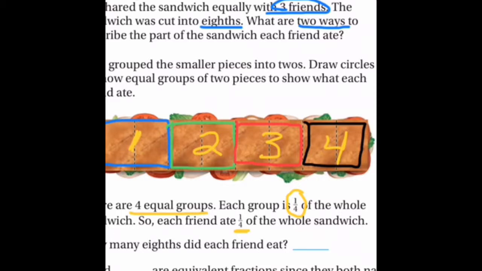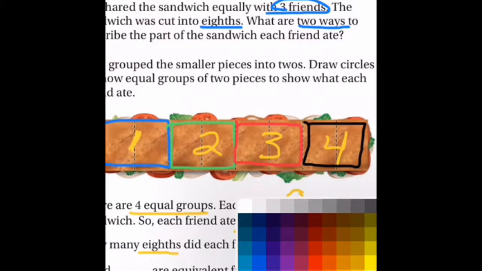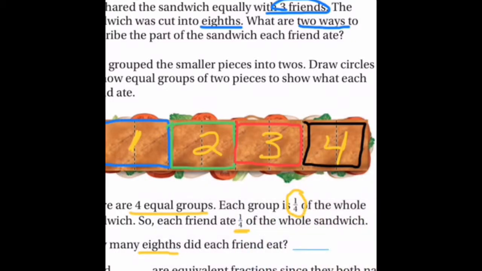Here our question though is how many eighths did each friend eat? So if I change my color, let's go with purple. Now we count the eighths in purple. There's 1, 2, 3, 4, 5, 6, 7, 8 purple pieces, and those are eighths.